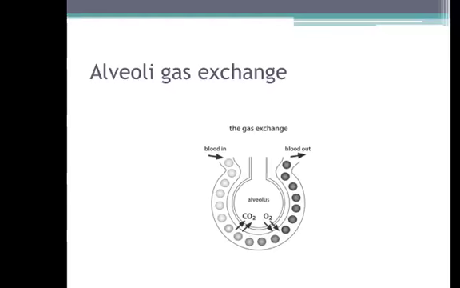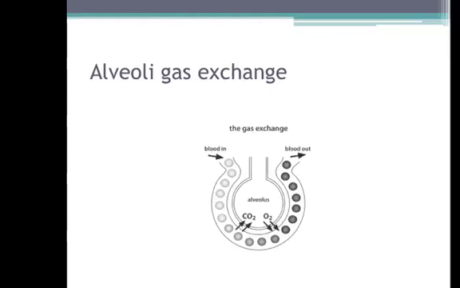And also the blood that's coming around from the heart, it's got a lot of CO2 in it. So the concentration of CO2 is higher in the blood than it is in the alveolus. So what happens is a double exchange from high to low is occurring. The CO2 is higher in the blood than it is in the alveolus, so it's going to go from high to low.